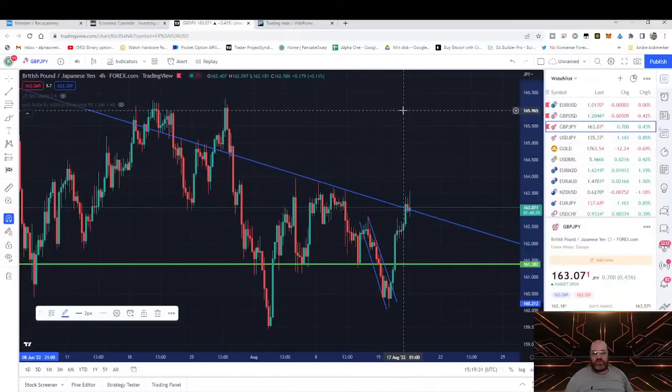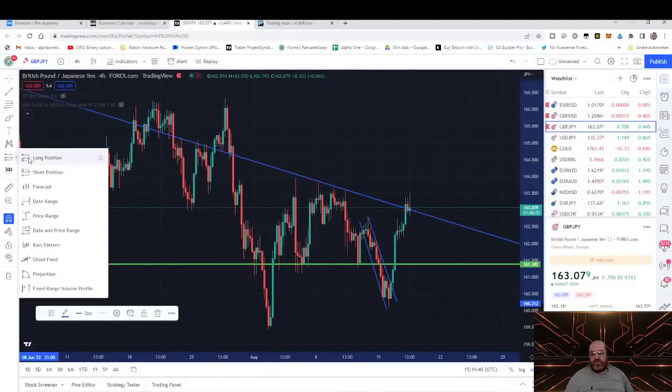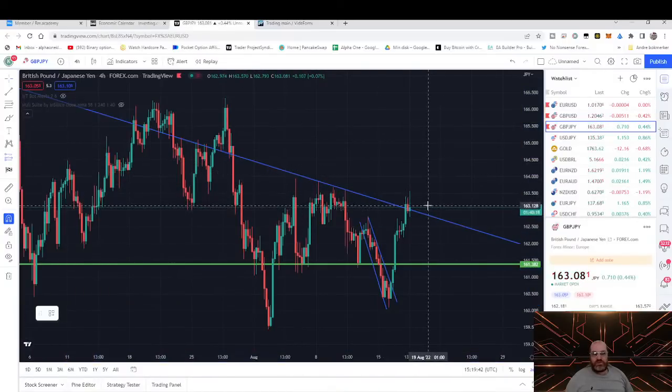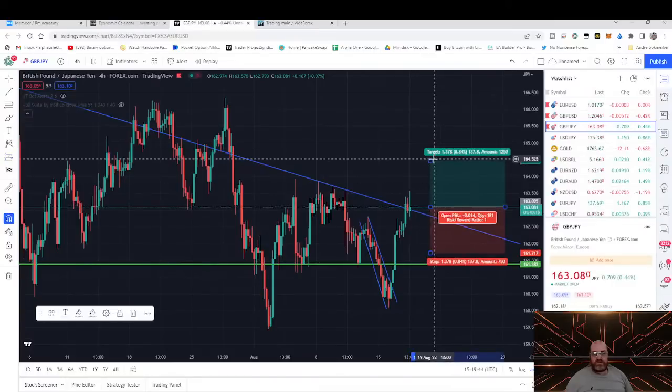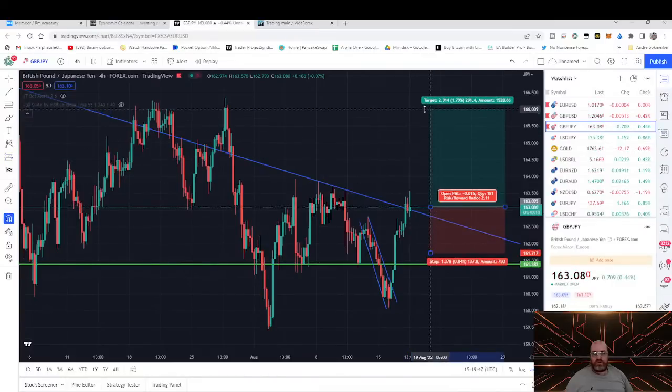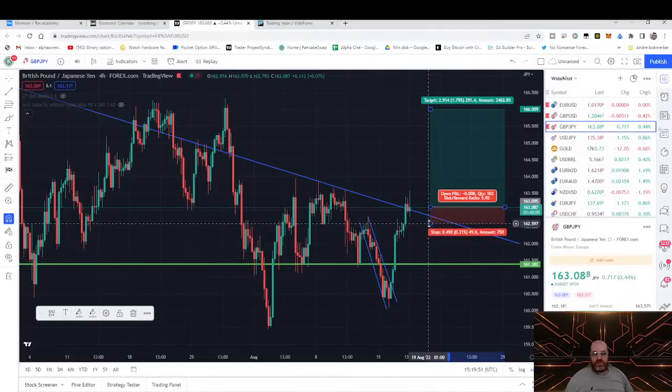Then we can target the top side here, put a stop loss maybe down here somewhere. So I will look for a trade something like this. Let's say we enter here. We target up here, and we take our stop loss something like this. That would be a nice trade.